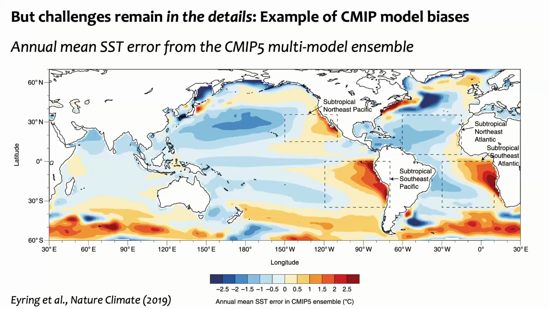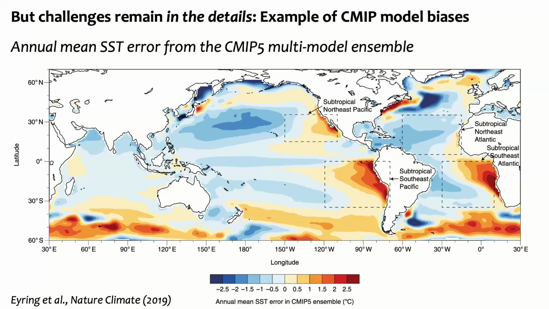This shows annual mean sea surface temperature, and you see regions of large positive anomalies and large negative anomalies. They are not randomly distributed. They have concrete patterns, and that points to missing dynamics, or large-scale dynamics that are still not sufficiently well represented in these models.